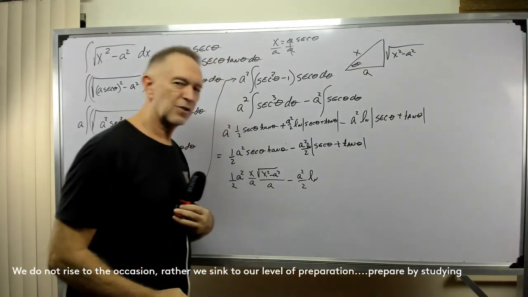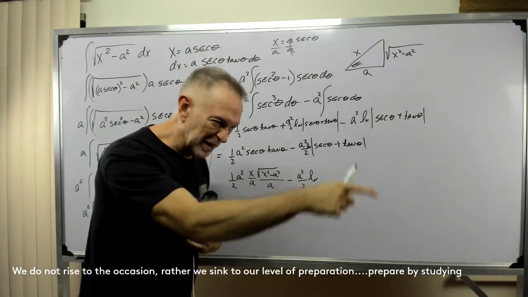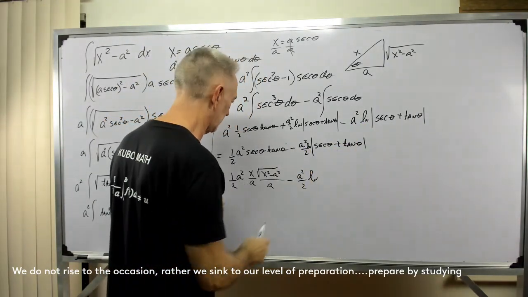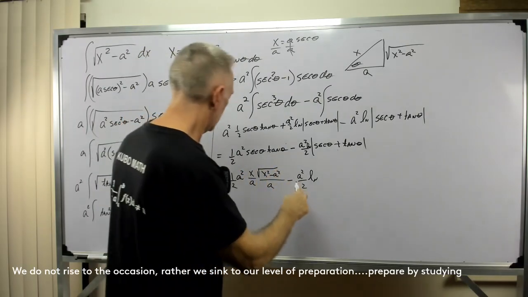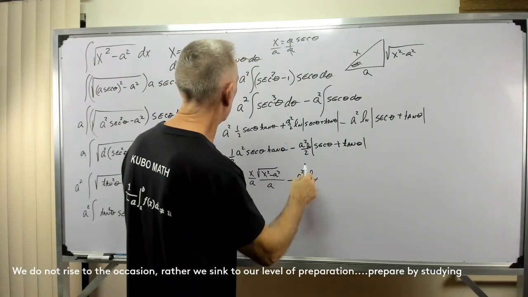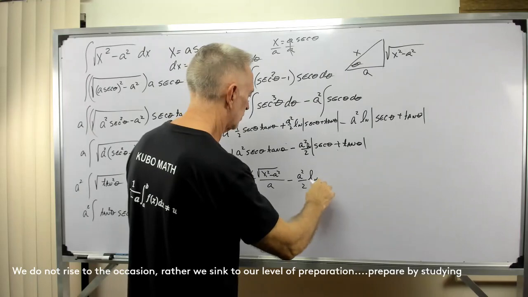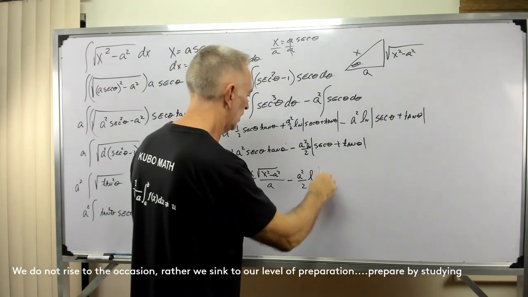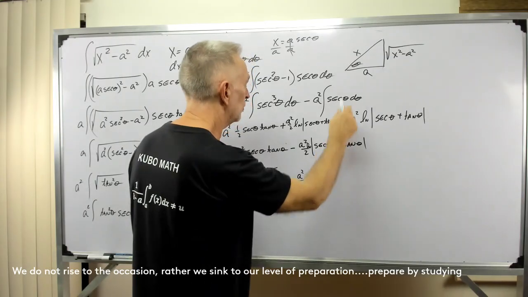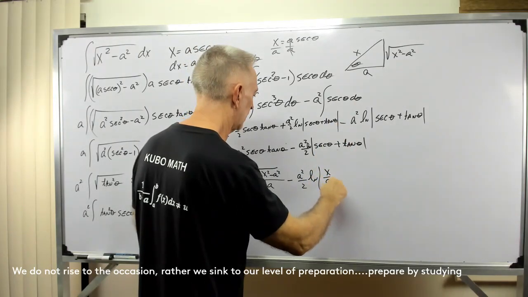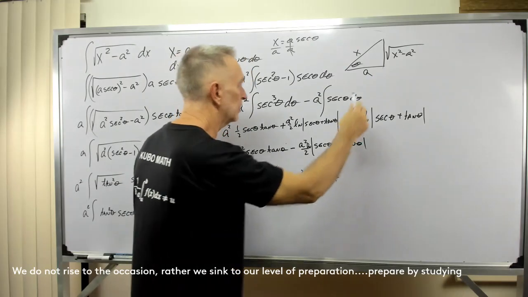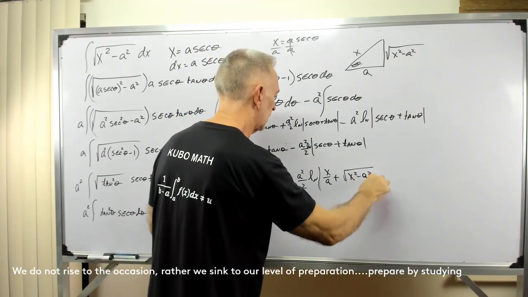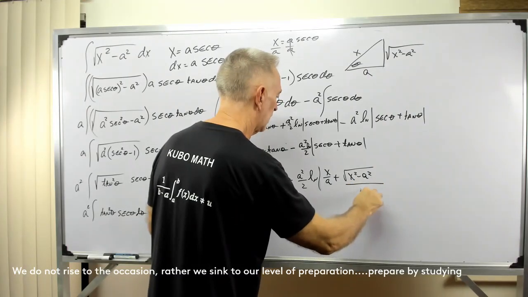Hopefully you were in the screen earlier going, oh, he missed it, he left the natural log out. There's my natural log. All right, so the a squared over 2, natural log of secant, which was x over a, plus tangent, which is the square root of x squared minus a squared over a.